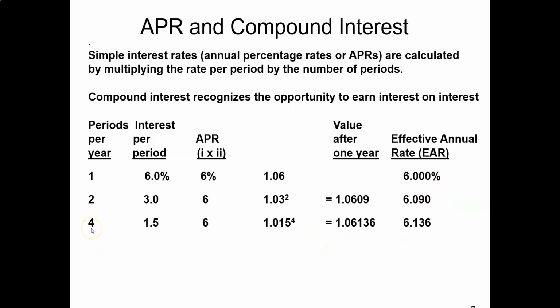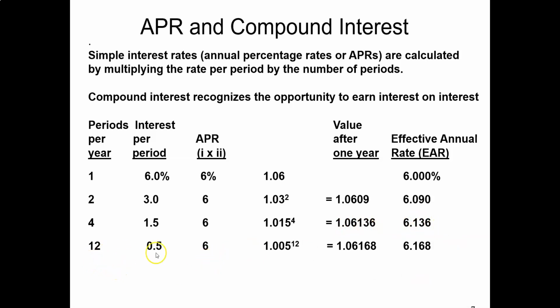If we do this quarterly compounding, the interest rate for compounding calculation will be 6% over 4. It is 1.5%. Then you do this compounding 4 times during a year. So then after 1 year, the interest you paid will be 6.136%.